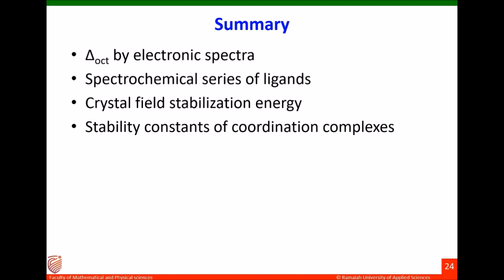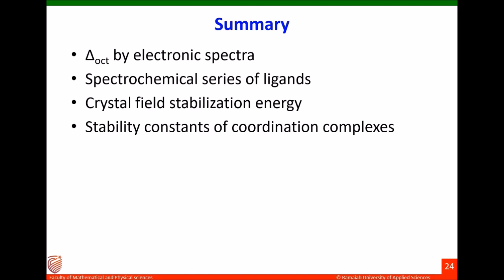We will conclude this session. In summary, we studied the weak and strong field and how the electrons are arranged in a strong field or a weak field, and also the factors governing the magnitude of delta octahedral. Then we studied the crystal field stabilization energy, and high and low spin octahedral complexes, by taking d1, d2, d3, d4, d5 and d6 configurations.